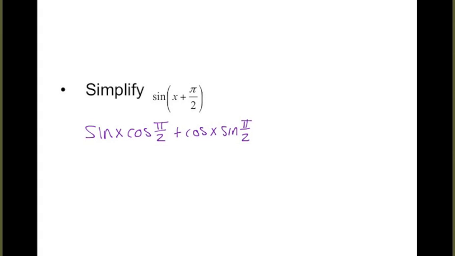So if we graph out the angle 90 and use our unit circle, that point is over 0 up 1. And that point is cosine comma sine. So that means the cosine at pi halves is 0. And the sine at pi halves is 1.